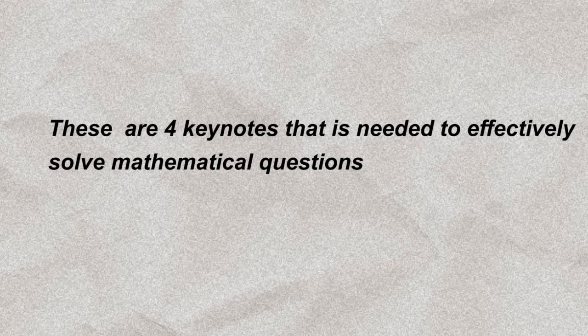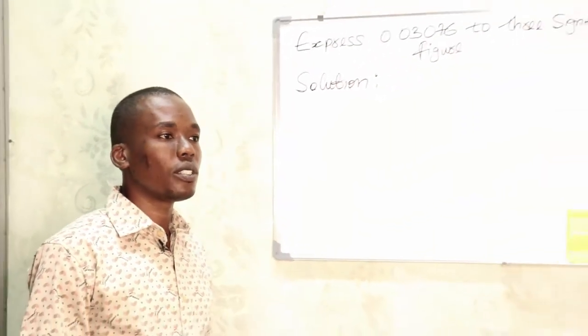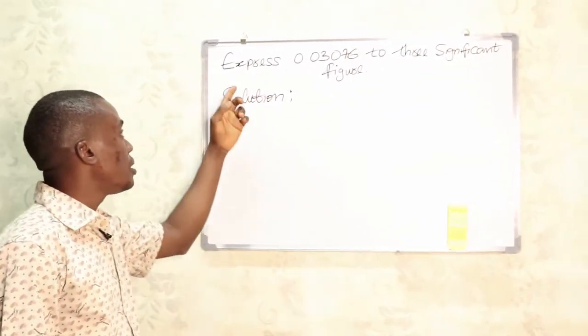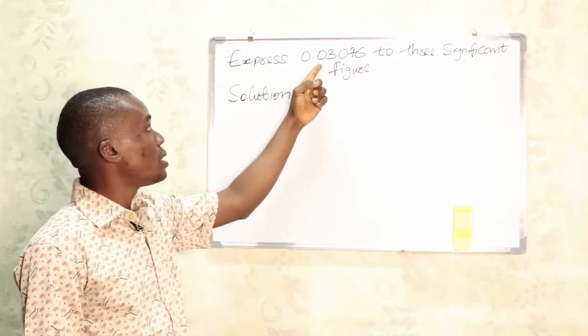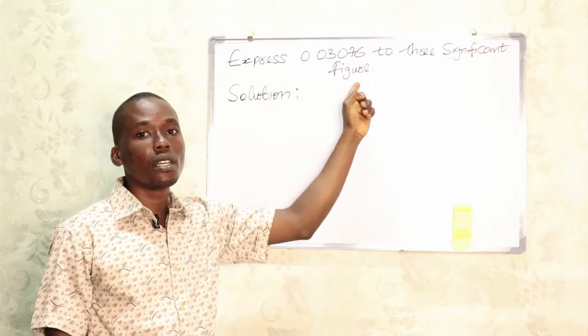Now let's look at some few practical sample questions. Sample 1. The first sample question we'll be taking on the significant figure is: express 0.03076 to 3 significant figures.